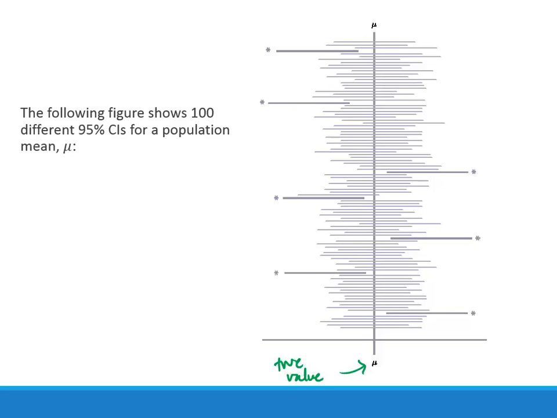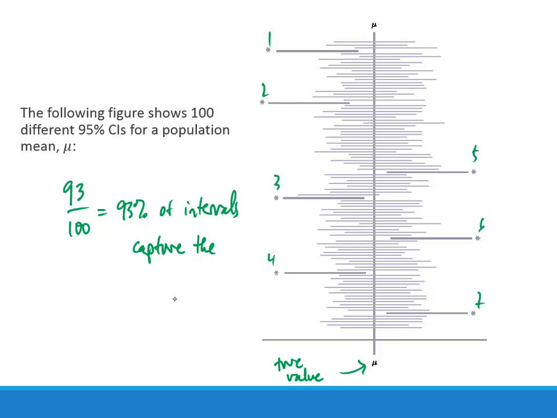If I have 100 intervals here, 1, 2, 3, 4, 5, 6, 7 of those intervals do not contain the true value of mu. This is a very artificial situation where we know what mu is, simulated data. So 93 of these 100, or 93% of the intervals, capture the true value of mu.